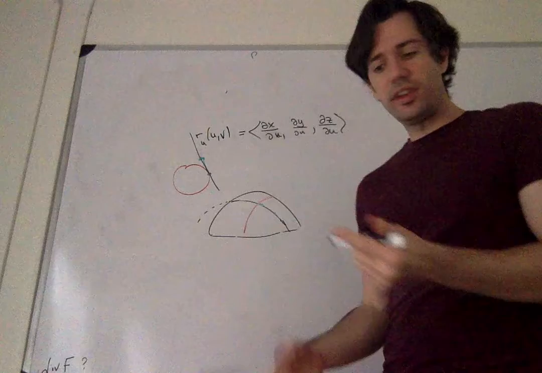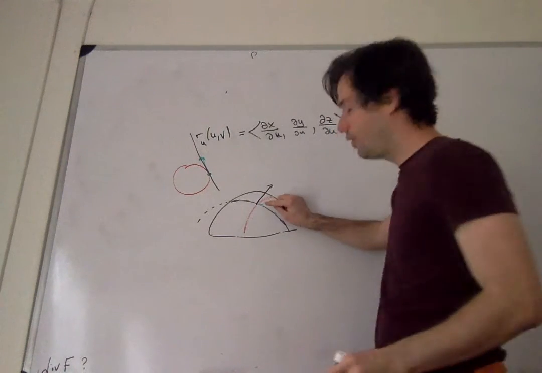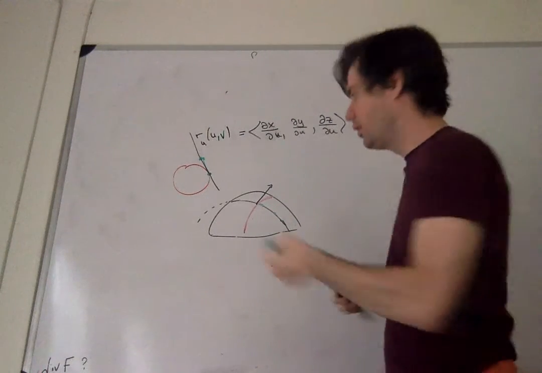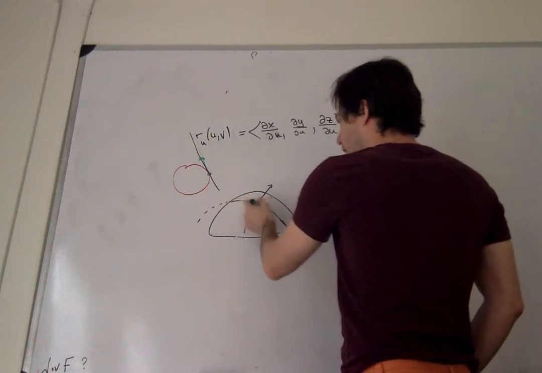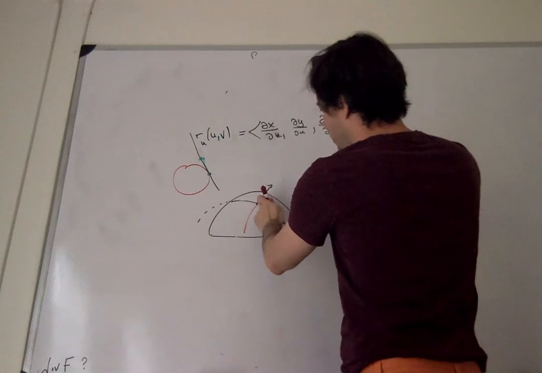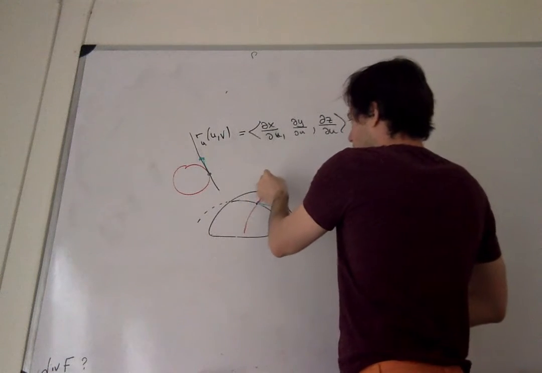Why? I just need to get the velocity vector from the red curve and the velocity vector from the black curve, which I'll draw green. I guess I should use a different color since that other stuff is black. So there we go.